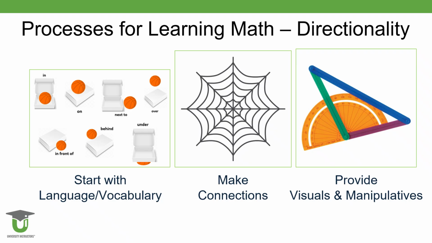The third strategy is to provide visuals and manipulatives and teach students to use them to solve word problems. You could present students with a word problem like, if Tim pays a $10 fee to enter the climbing gym and then $2 per hour, how could we model that?